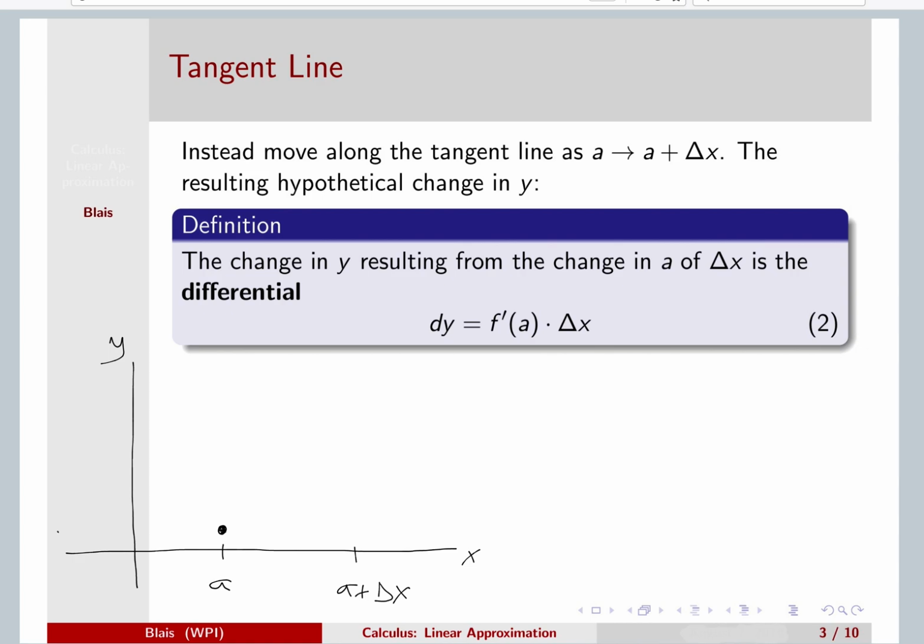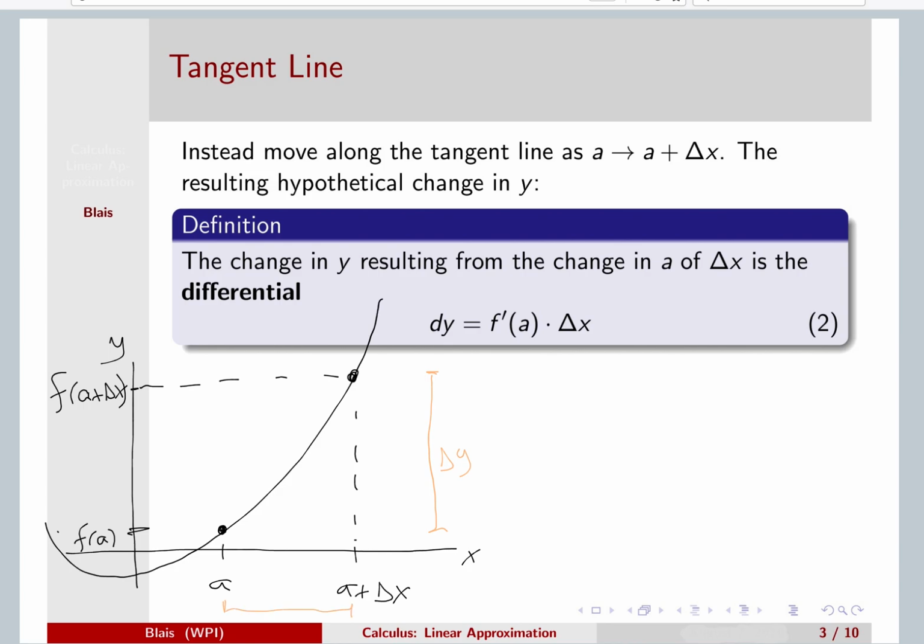And our function was looking something like this. So here we had f of a. Here is f of a plus delta x. And so this was our delta y. This was our delta x.